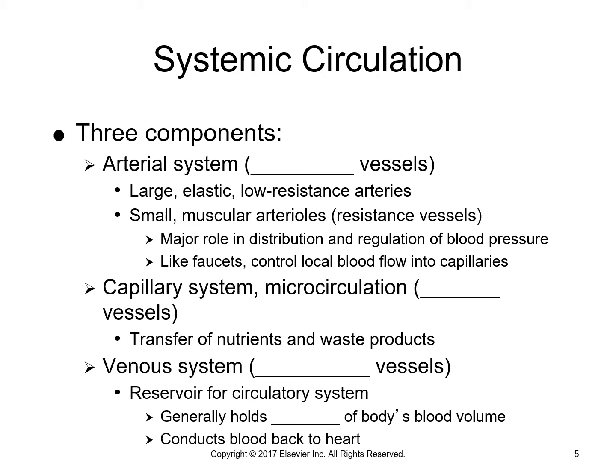Capacitance. Anyway, capacity. That's where a lot of the blood is being held, basically. It's the reservoir for your circulatory system. It generally holds about 3/4 of the body's blood volume, and then it conducts the blood back to the heart.